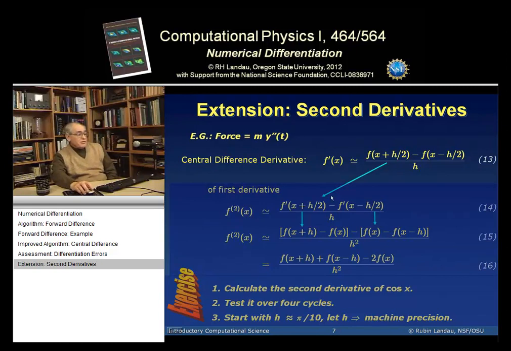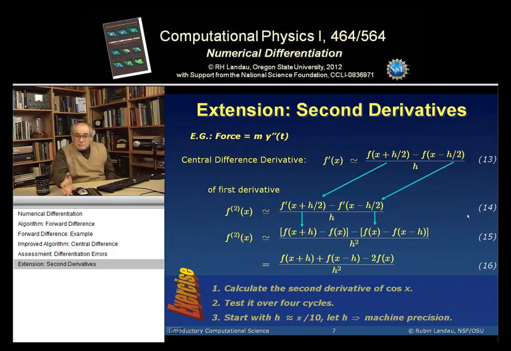So the first thing we have to do is follow the turquoise line. We just want to take the second derivative to be the central difference of the first derivatives. We need to evaluate the first derivative at x plus h over 2, and subtract from that our approximation for the first derivative at x minus h over 2, which is what we have in equation 14. And that's it.